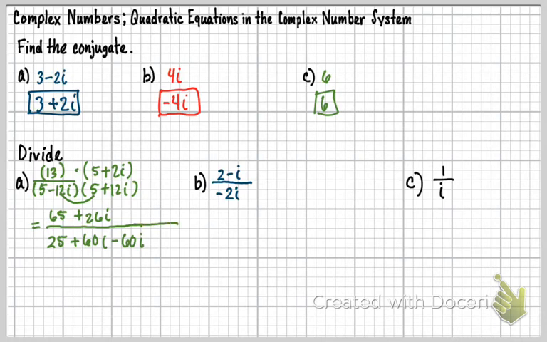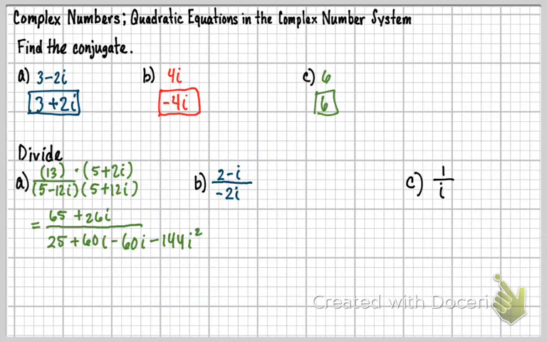And for the last number here, it's going to be negative 12i times positive 12i. So that's going to be plus 144. Oops, that's a negative i squared.